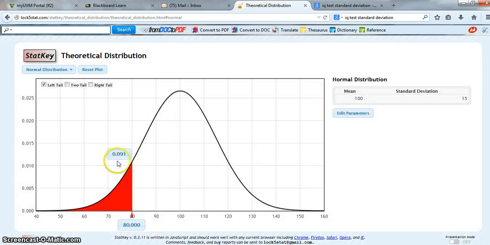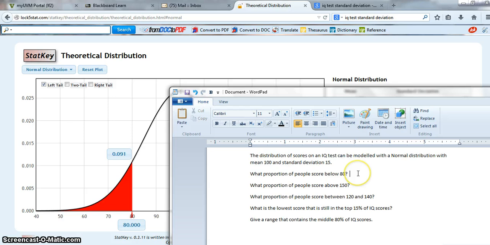And up here, it gives me the area in the tail to the left of 80. So the proportion of people who will score below 80 is going to be 0.091. And that's our answer.